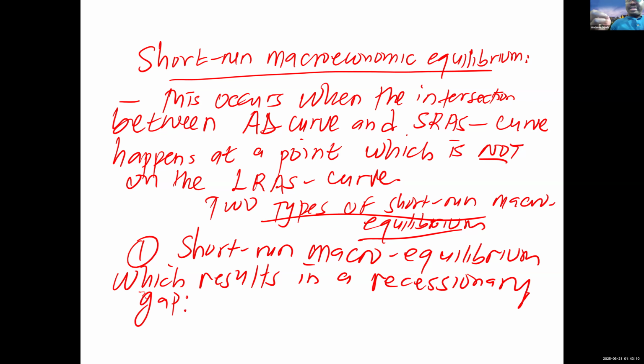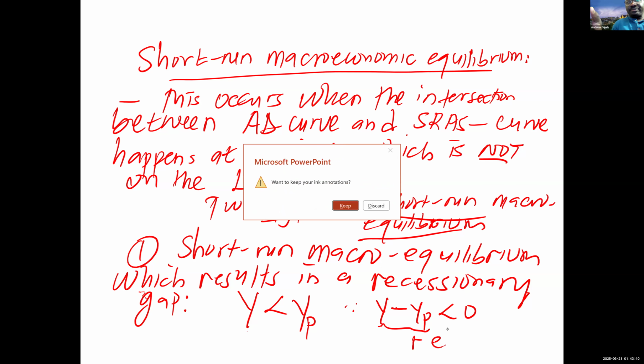The definition of a recessionary gap is that when the actual output that you're producing, this Y without anything here stands for actual output, is less than full employment output or potential output, the output gap would be negative. So you take the actual output minus full potential output, and this would be less than 0. This gap that exists when you subtract potential output from actual output is what we are calling the recessionary gap.